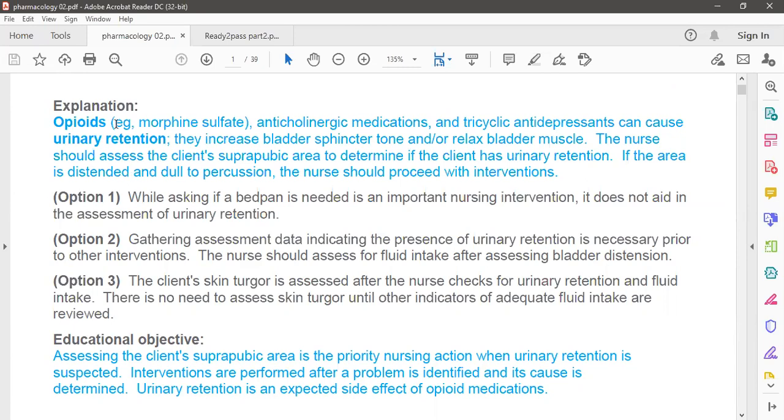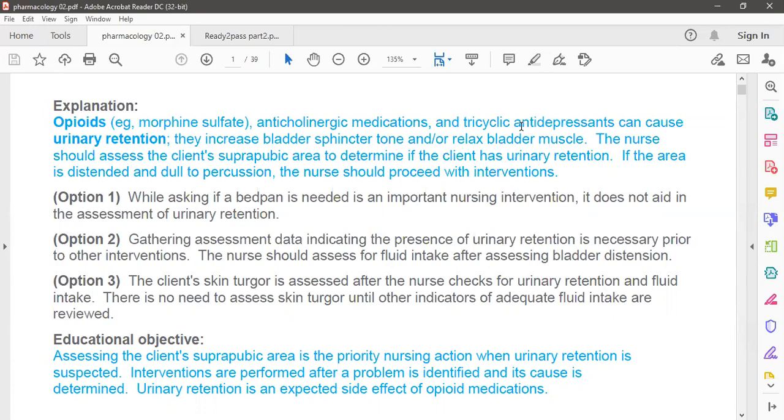In this explanation, they share some more information in pharmacology. There are three groups of drugs: one is opioids, another is anticholinergics, and the third is TCAs, tricyclic antidepressants. These three groups can cause urinary retention.